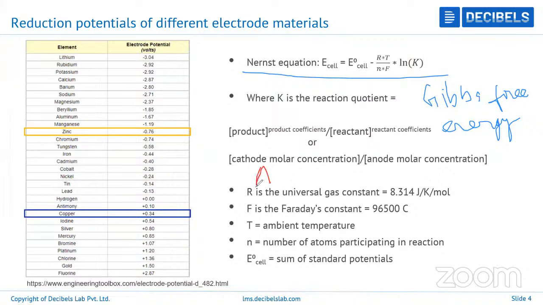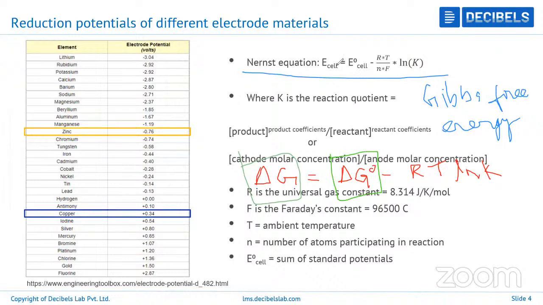We know that the Gibbs free energy equation gives how much work a particular cell or chemical element can perform based on the number of electrons participating in a reaction. So Gibbs free energy is given by delta G is equal to delta G naught, the standard free energy, minus RT ln K. This delta G is called the overall free energy, and delta G naught is called the standard free energy.